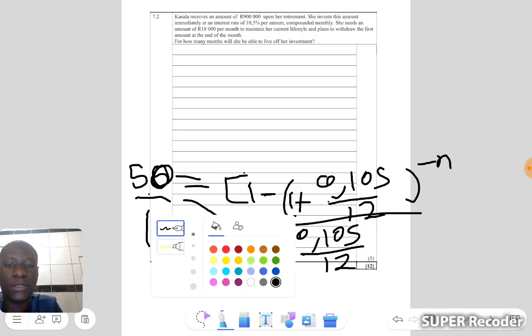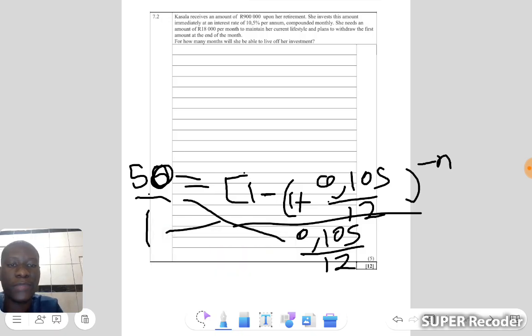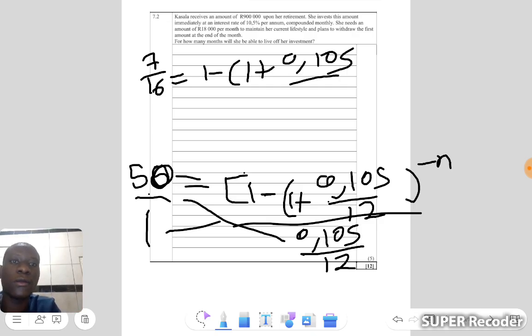If you multiply 50 by this, you are going to get 7 over 16, which will equal 1 minus 1 plus 0.105 over 12 to the negative n, like that. From here, what are we going to do?